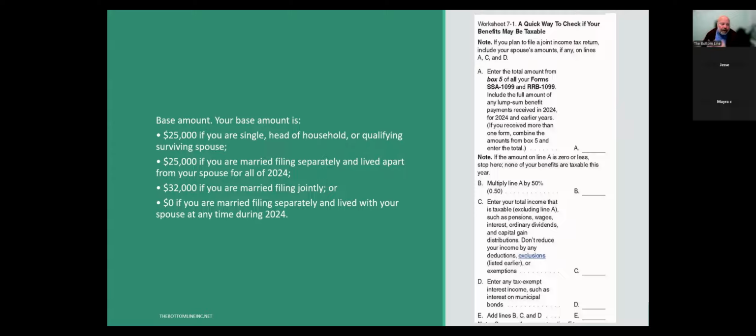So if it's 0 or less, you don't need to file this, but hopefully you don't pull this out unless somebody has Social Security. So you're going to take line A and multiply that by 50%.